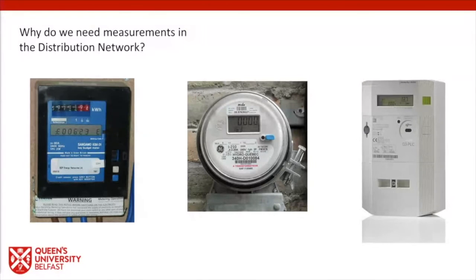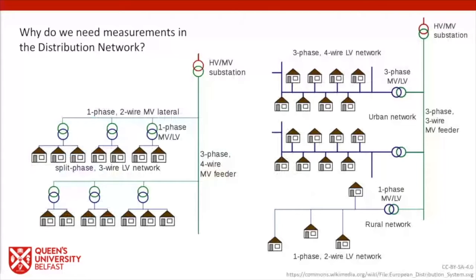Is this sufficient? Well, first of all, let's consider the topology of the distribution network. It's important to consider that the topology of distribution networks does vary country by country. Superficially, we can say that there are two main types of distribution network.